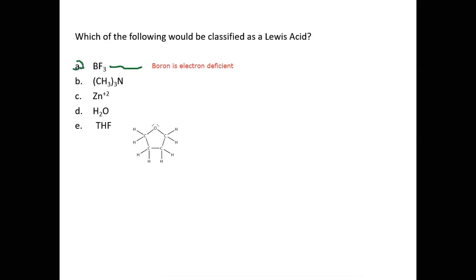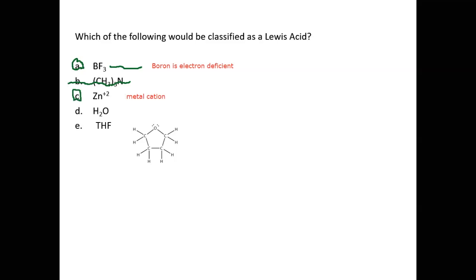What about B? Is B a Lewis acid? That's correct. It is not, because it's an amine. Amines have lone pairs of electrons. What about C? Is C a Lewis acid? That's correct, because it's a transition metal cation. Metal cations are Lewis acids.